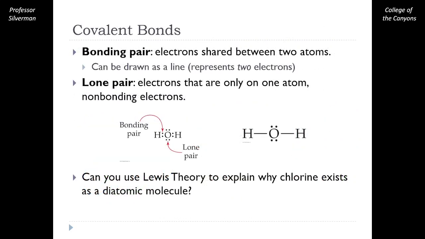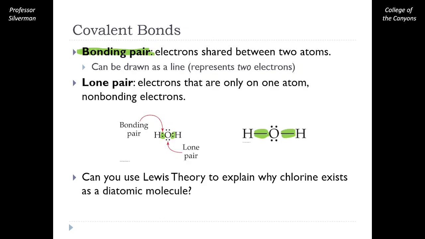We have some terminology we can introduce. When electrons are being shared between our atoms, we can call this a bonding pair. That bonding pair can be drawn as 2 dots, or more commonly, we can draw it as a line. Each of those lines is the same thing as 2 dots.